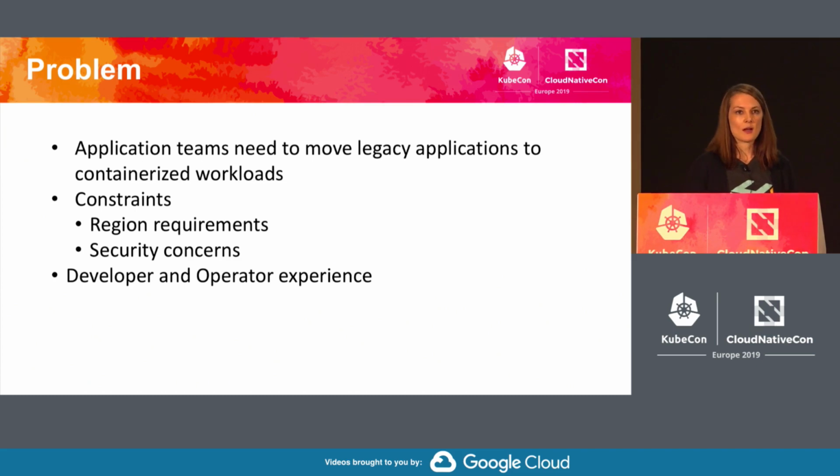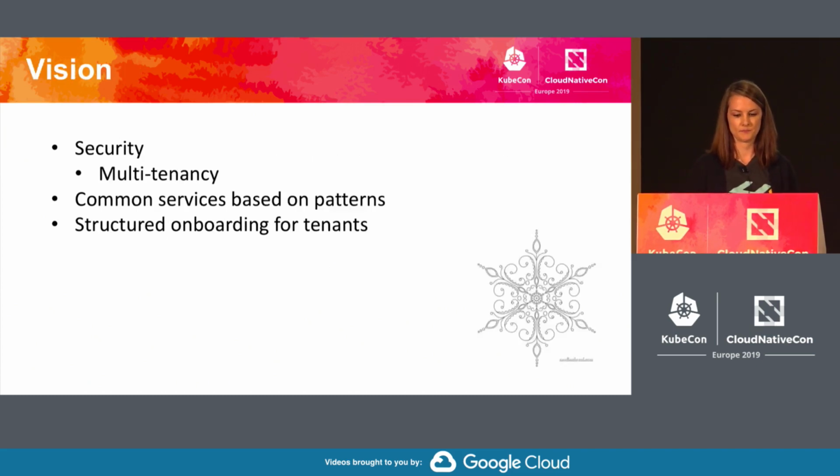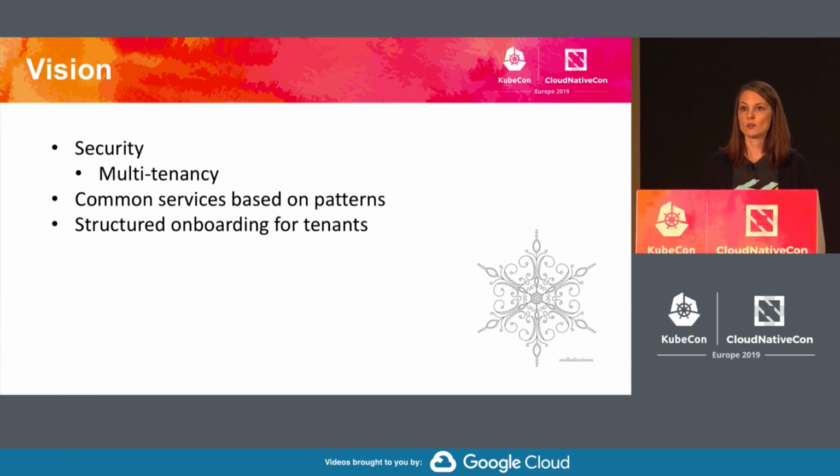So now let's talk about our vision and how we addressed this. So with security, we need tenant isolation. We have multi-tenancy, and in order to do this, we use namespace isolation and also utilize role-based access control. And then for those tenants who require hard multi-tenancy, they have their own dedicated cluster, as this is not currently possible with Kubernetes.